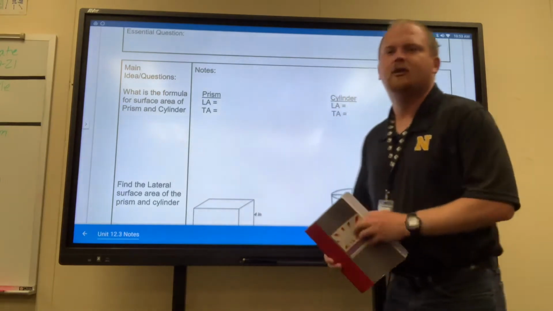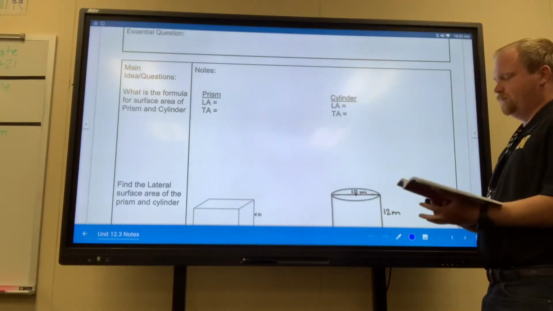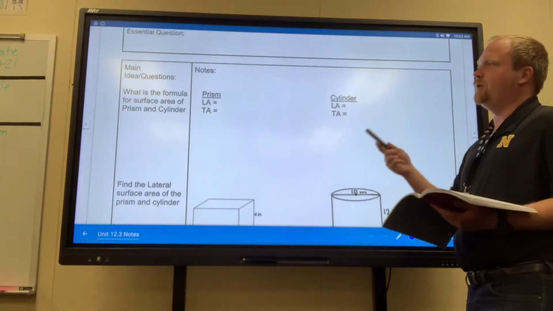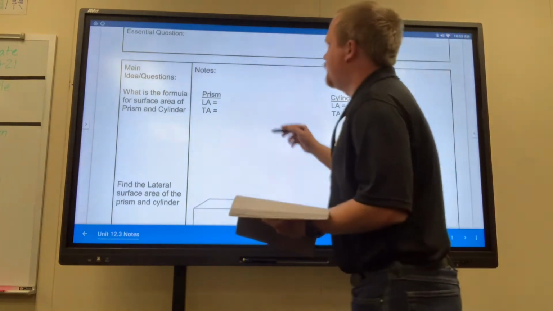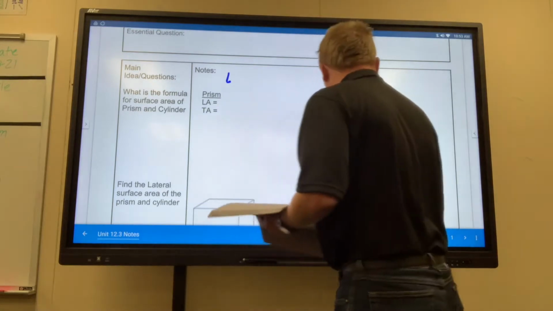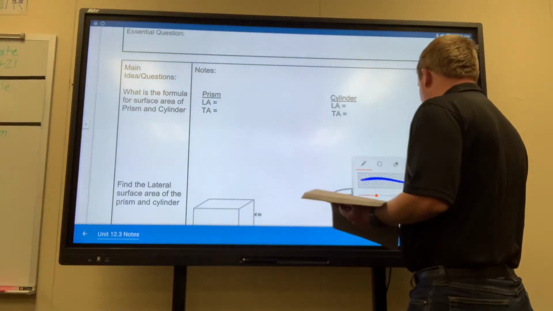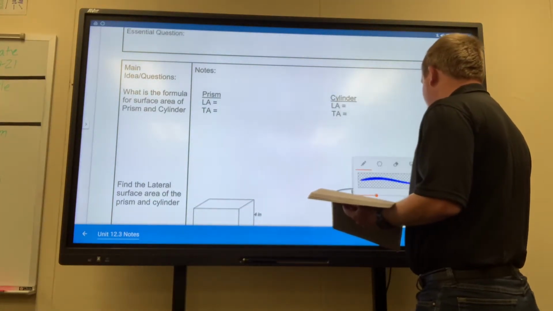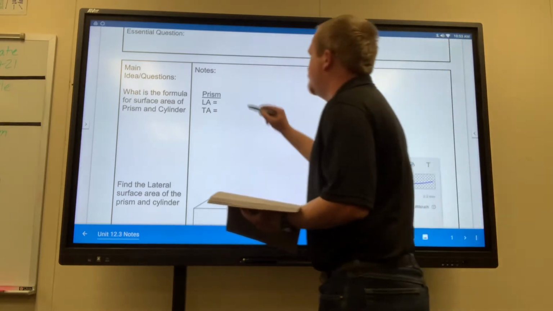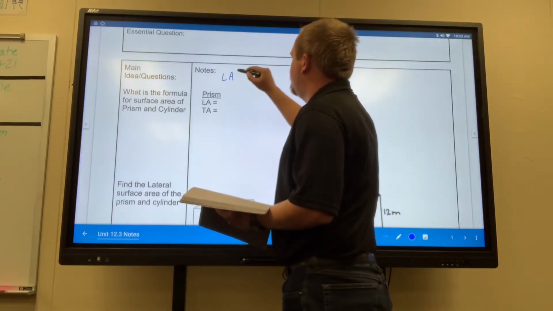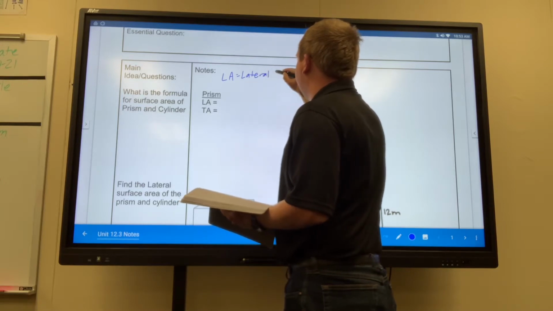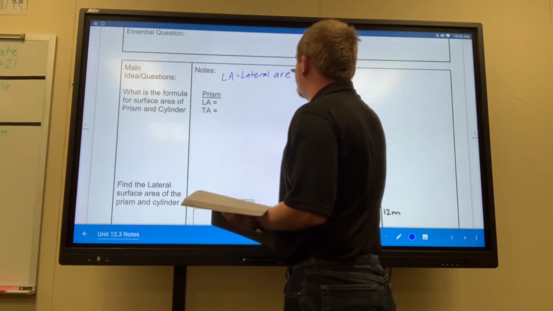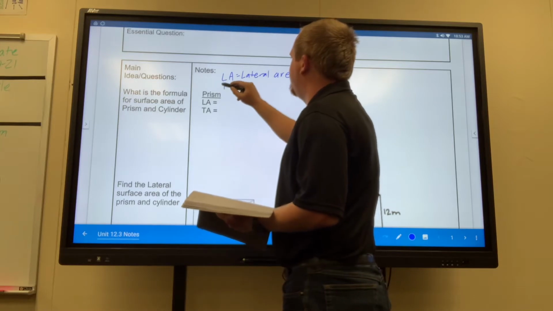the base. So, for example, the formula for a prism, with LA being lateral surface area, which we kind of describe as the walls in a room, is basically the surface area without the base.